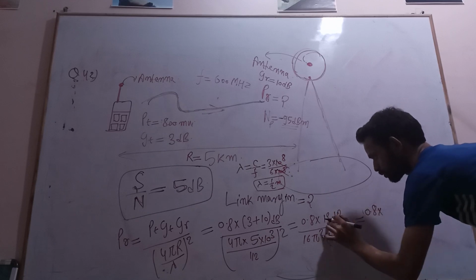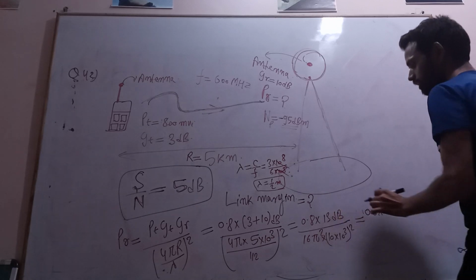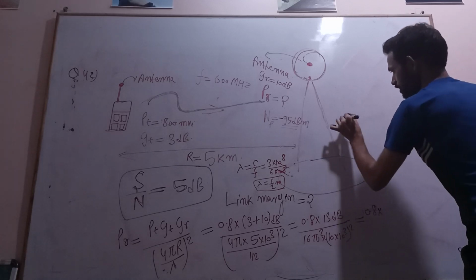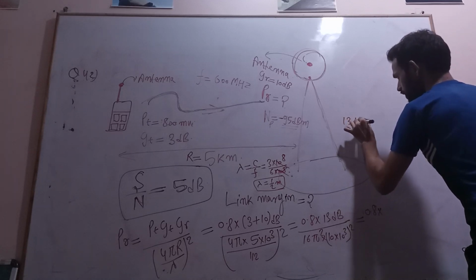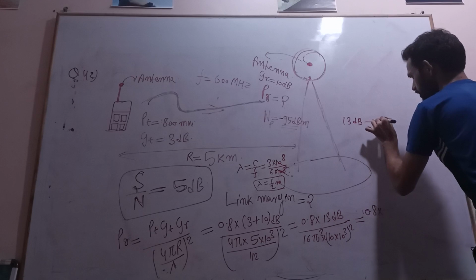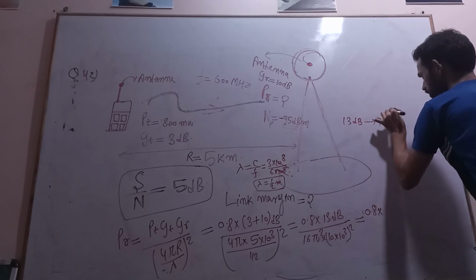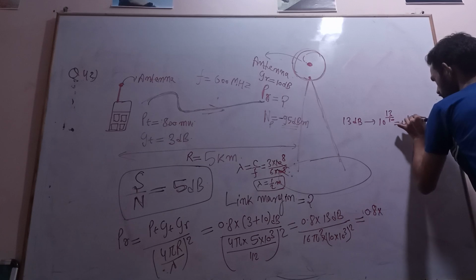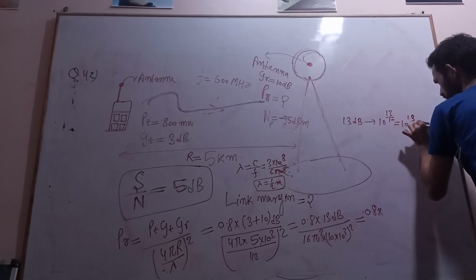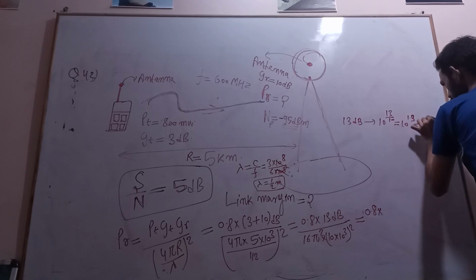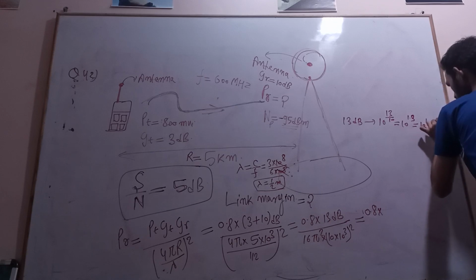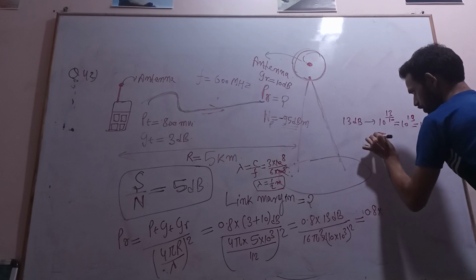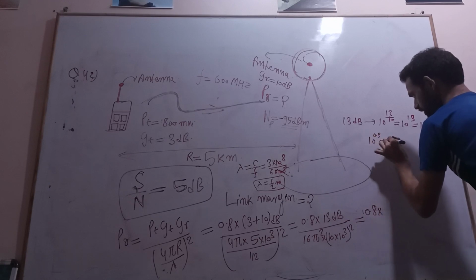So this is 0.8 into 13 dB. If you want to convert this 13 dB to linear, how much is it? 13 dB in linear is 10 to the power 13 by 10, which is 10 to the power 1.3. This is nothing but 10 to the power 1 into 10 to the power 0.3. 10 to the power 0.3 is approximately equal to 2.